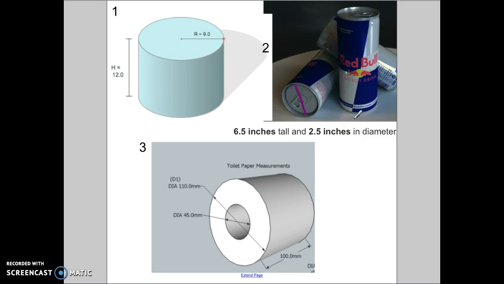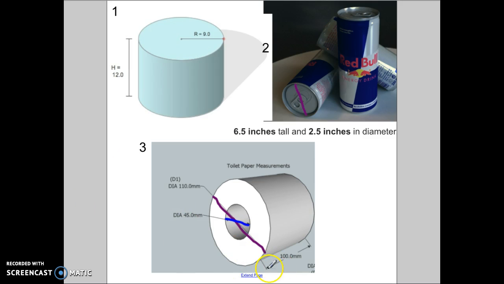For number 3, this one's a challenge one, and I will probably give a little bit of a bonus for this one. The picture looks a lot more confusing than it actually is. It says the diameter all the way across your toilet paper roll is 110 millimeters. The diameter of the opening is 45 millimeters.